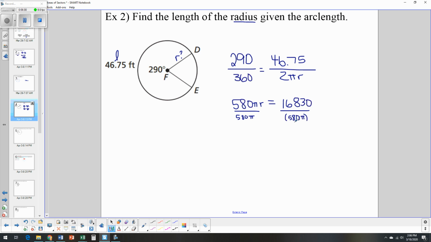So you have to be really careful with this. So if we do it correctly, we're going to get r is about 9.24 feet. If you got something different, go back and look at your calculator. Make sure you use the parentheses. If you're having a hard time with that, divide by 580 first, hit equals, and then divide it by pi.